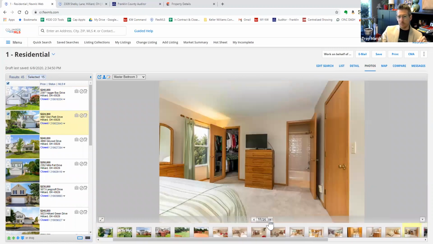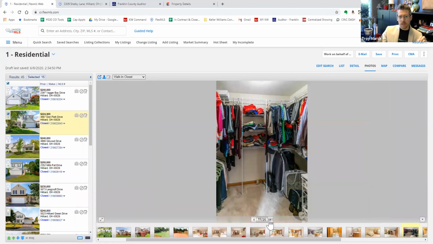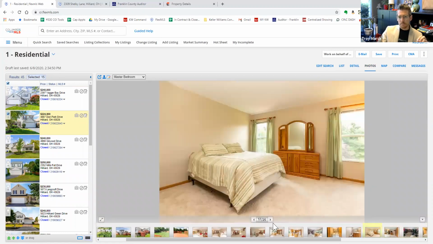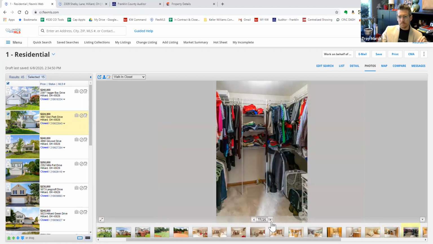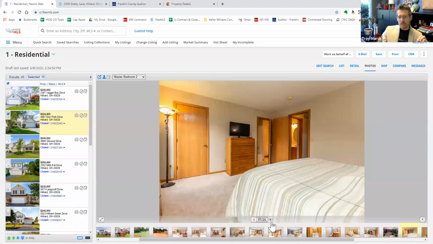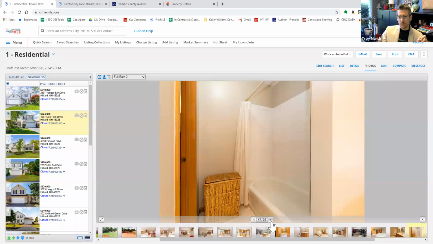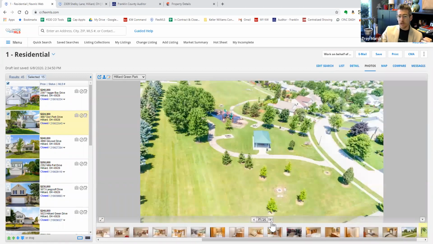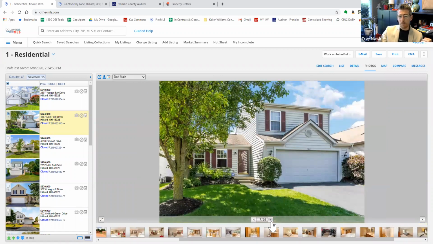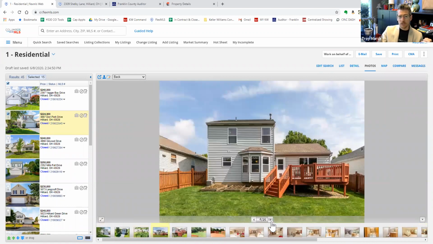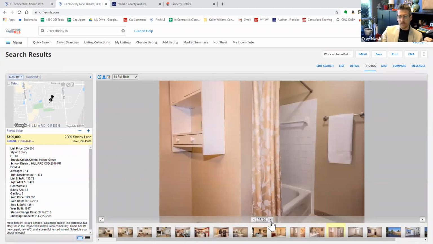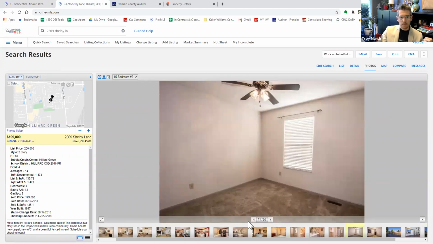I would say that our property was probably a little bit more updated. But beyond that, they're definitely pretty similar. Even though this isn't quite as updated, it's a very clean property, well listed, good pictures, again, nice deck.